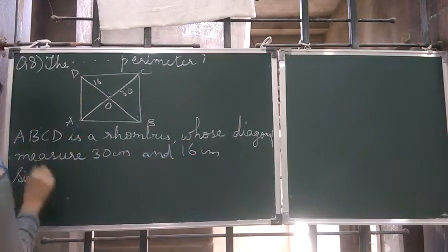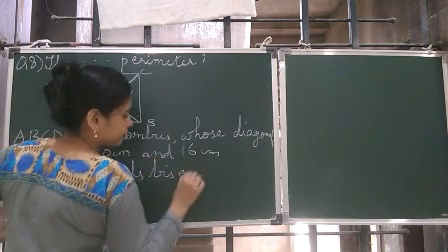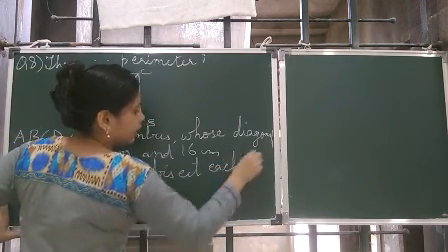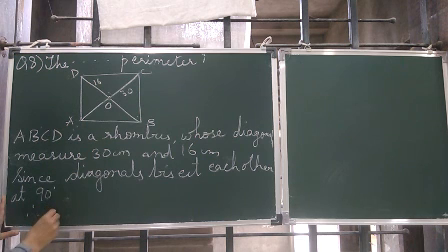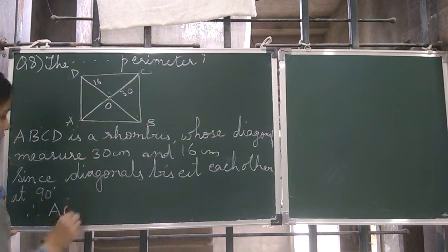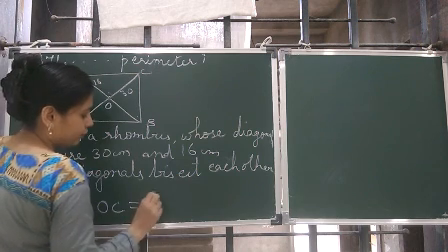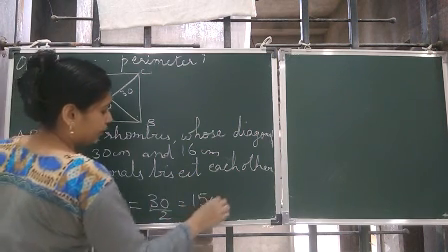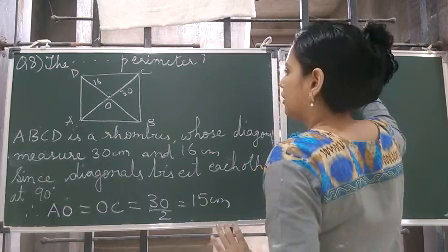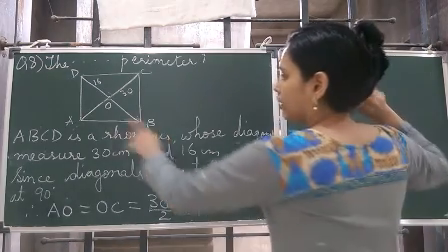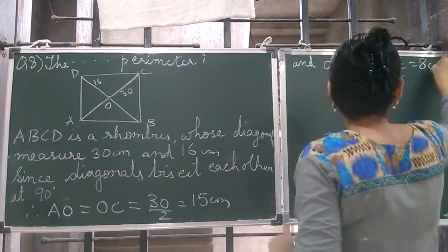Since diagonals bisect each other at 90 degree, therefore AO is equal to OC is equal to 30 by 2, which is equal to 15 centimeter, and OB is equal to OD is equal to 16 by 2, which is equal to 8 centimeter.